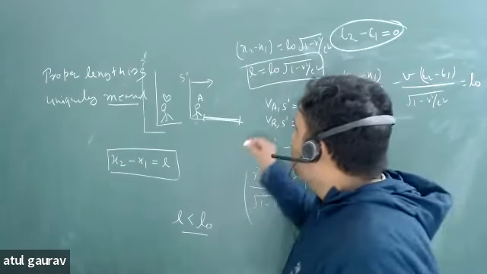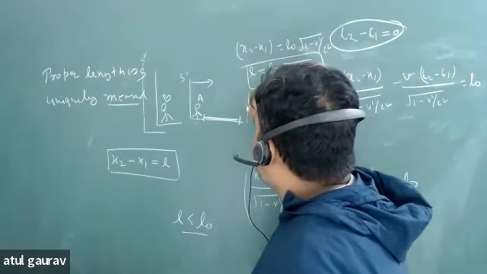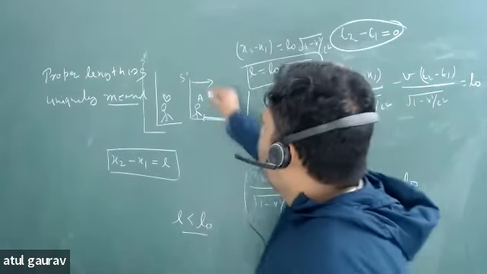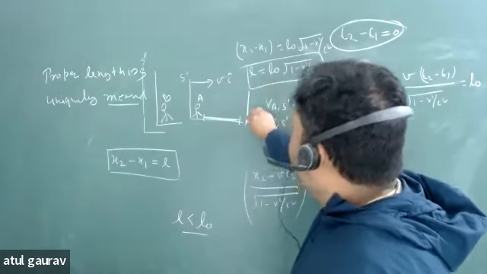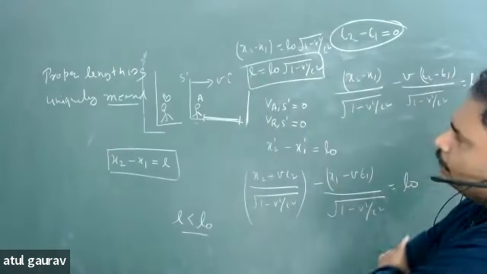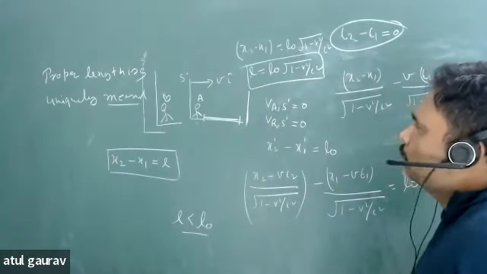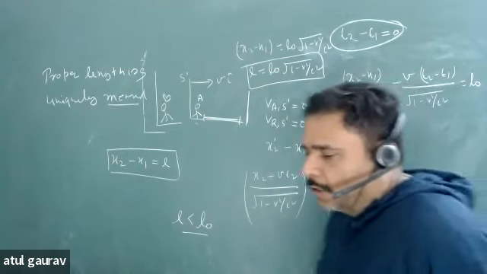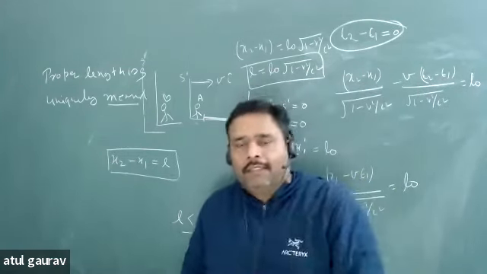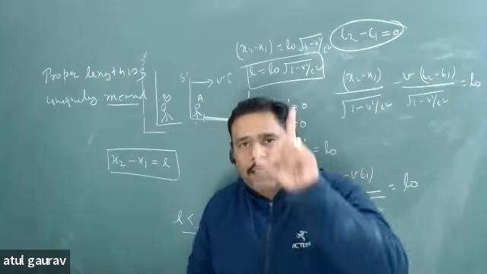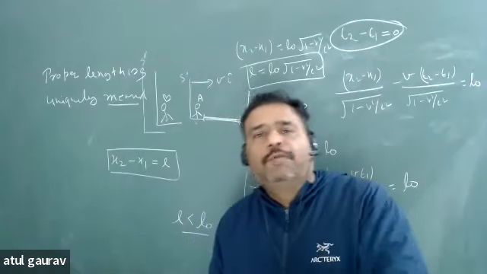And suppose I am putting my rod something like this, and it is moving in the X direction, I cap direction, then what will be the length contraction? 0. So there is not any length contraction. Okay. Why? Because along the length, there is not any relative speed.